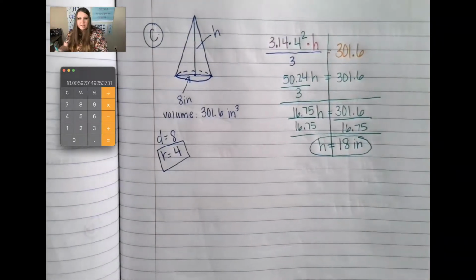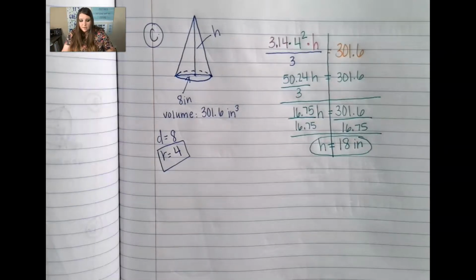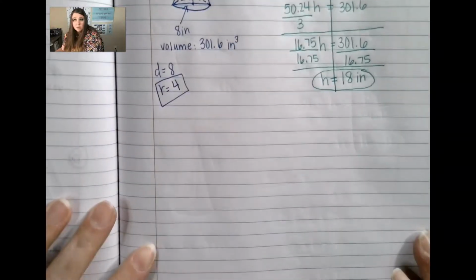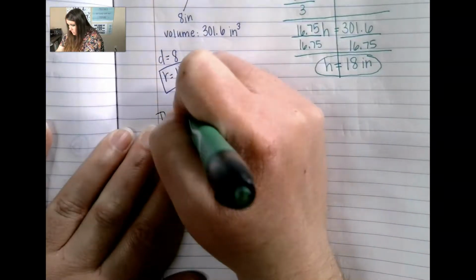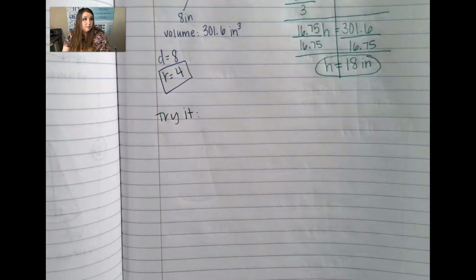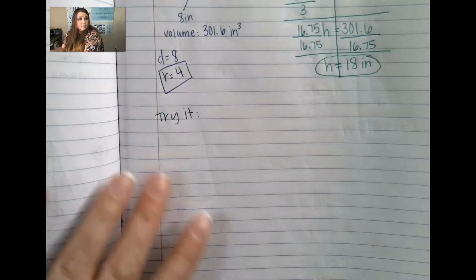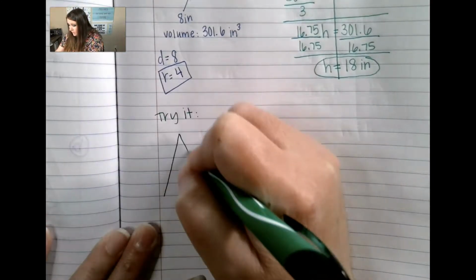All right, it is your turn now to do a try it. So let's go ahead and get rid of this. And I'm going to give you your try it so that you are ready to solve. Finding the height is what you are looking for. And your cone looks something like this.